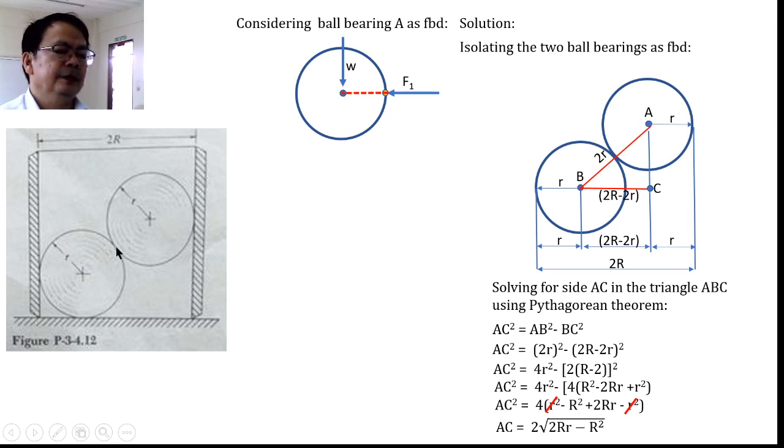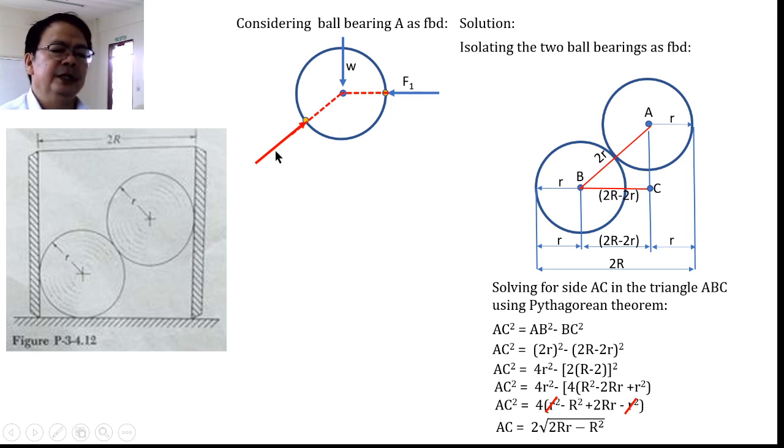Similarly, at this point, tingnan natin yung point na yan, so we would expect therefore that the lower ball bearing will be exerting a force towards the upper ball bearing at this point and directed towards the center. Ito yung center niya. So there will be now a force exerted. Okay, tawagin ko ito because I do not know that magnitude.